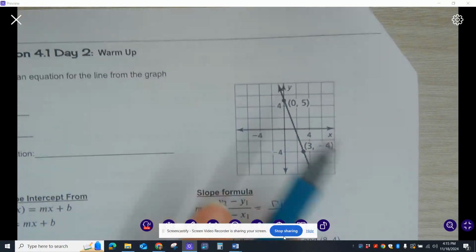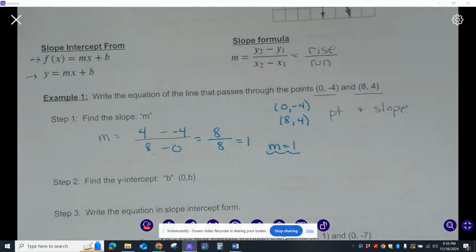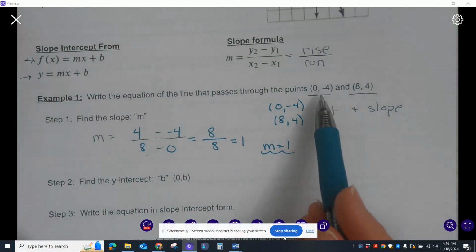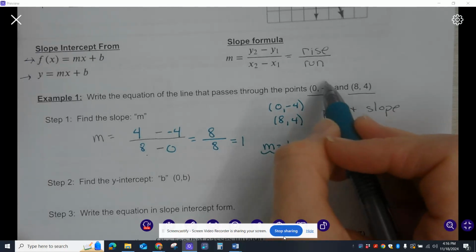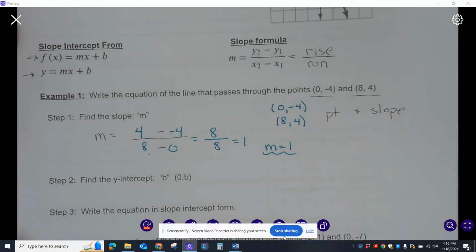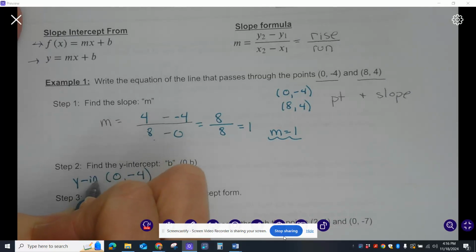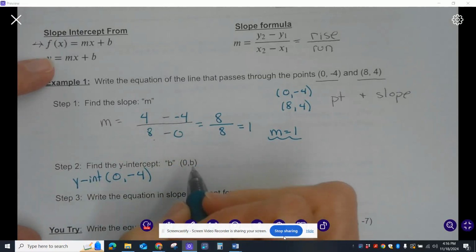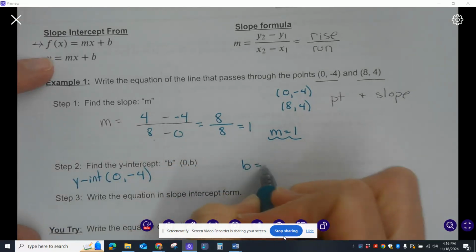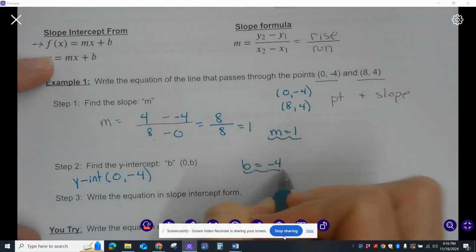So y-intercepts are always a coordinate point where x is 0. So this right here, 0, negative 4, is your y-intercept. So in slope-intercept form, we call the y-intercept b. So over here, I'm going to say b is negative 4.